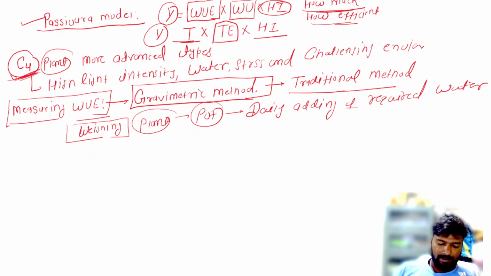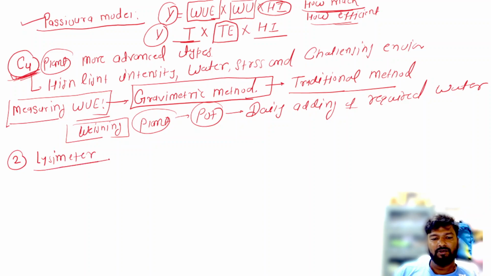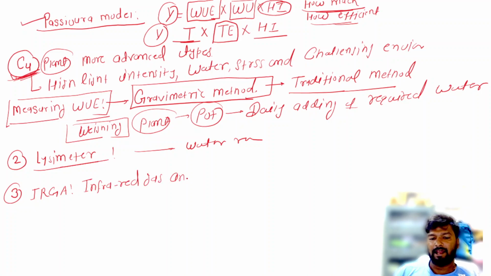Okay, and also currently lysimeters are used for the measurement of water requirement. Okay, and third is the IRGA, that is known as infrared gas analyzer.